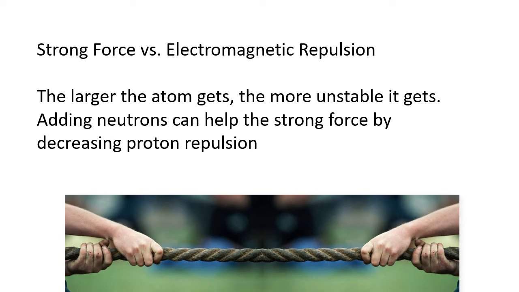Neutrons, in the right proportion, can help balance this out by putting the protons a little bit further apart, decreasing the amount of electromagnetic repulsion. Yet they still have that strong nuclear force that acts between those protons and neutrons. Now, if you put in too many neutrons, the element once again gets unstable.